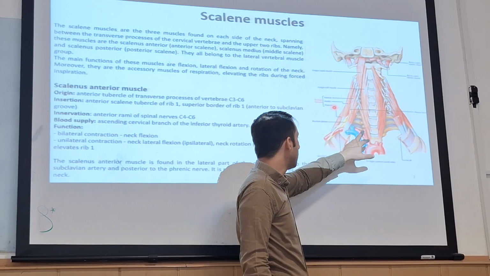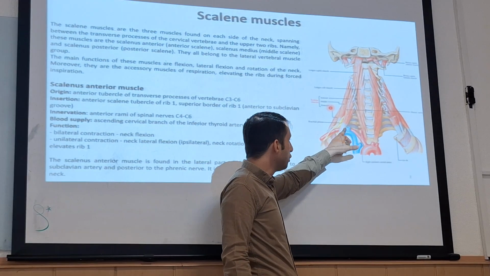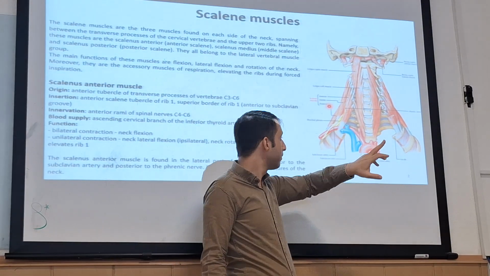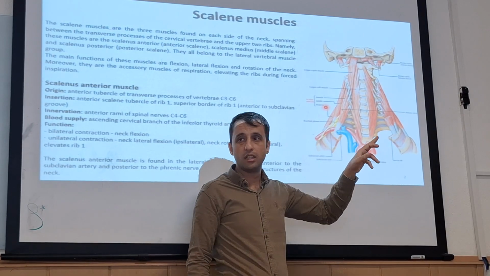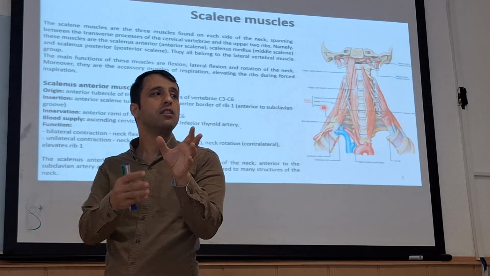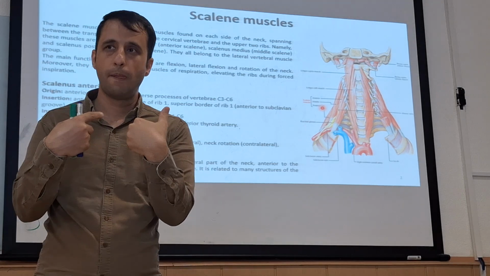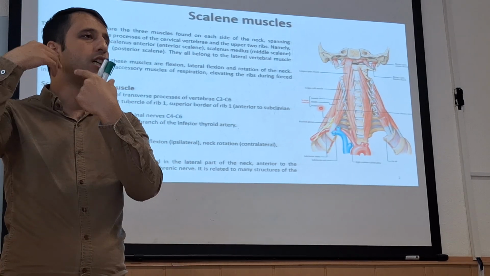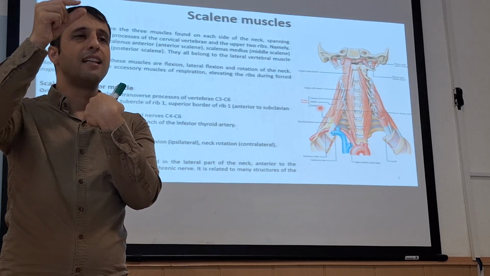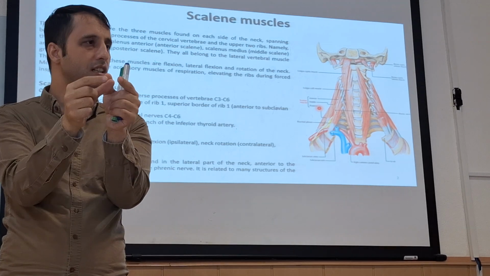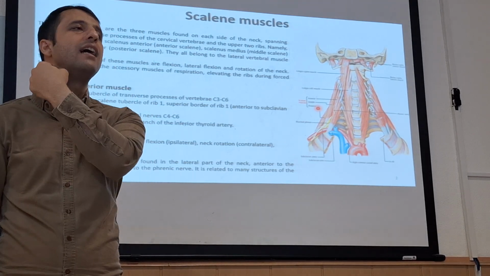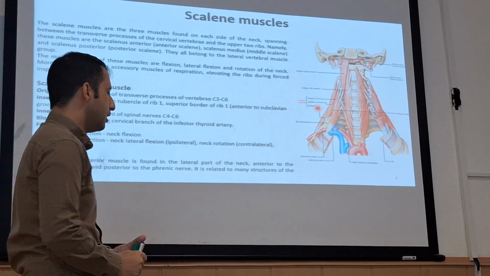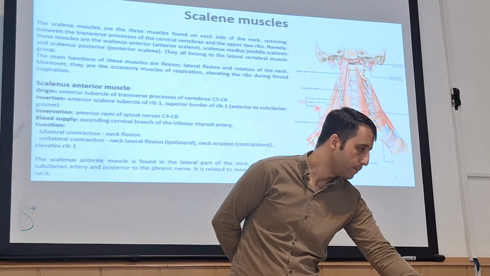Anterior scalenus muscle on both sides is adjacent to the phrenic nerve. When we find the phrenic nerve in the cadaver, when we arrive at the scalenus muscle, we find anterior scalenus muscle and we find the phrenic nerve, which is located anterior to anterior scalenus muscle.